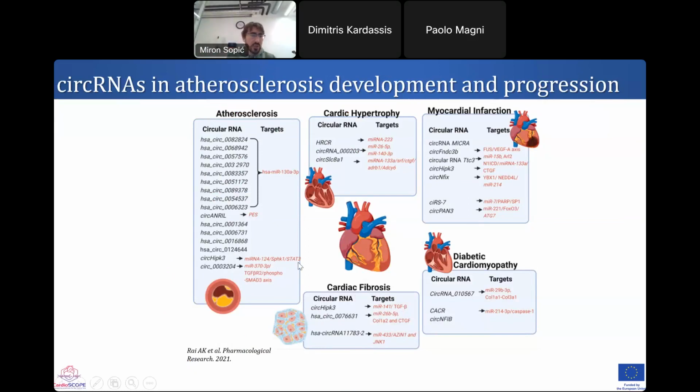And here you can see them listed, and you can see what their functions are. So mostly they target microRNAs, as I previously mentioned. They sponge microRNAs, and that is by far the most studied mechanism within this type of RNA.